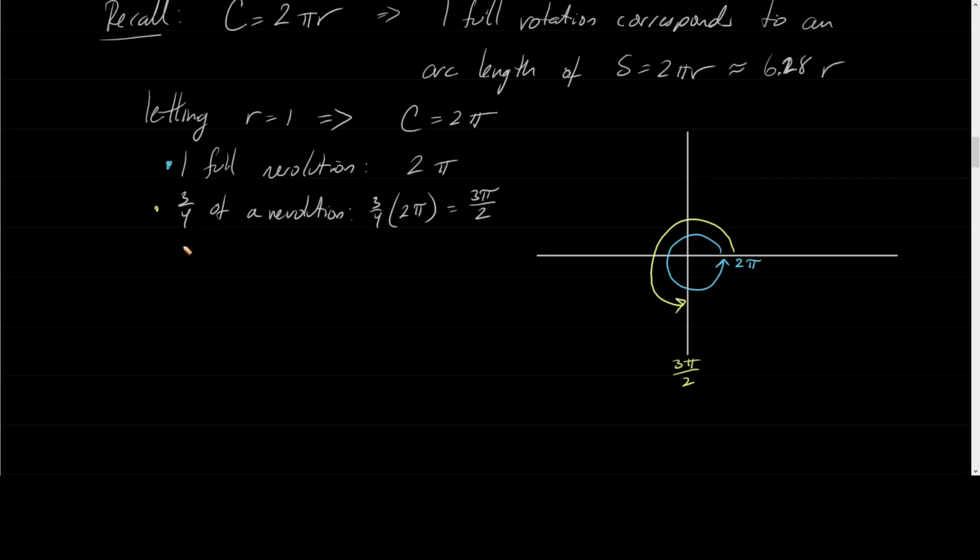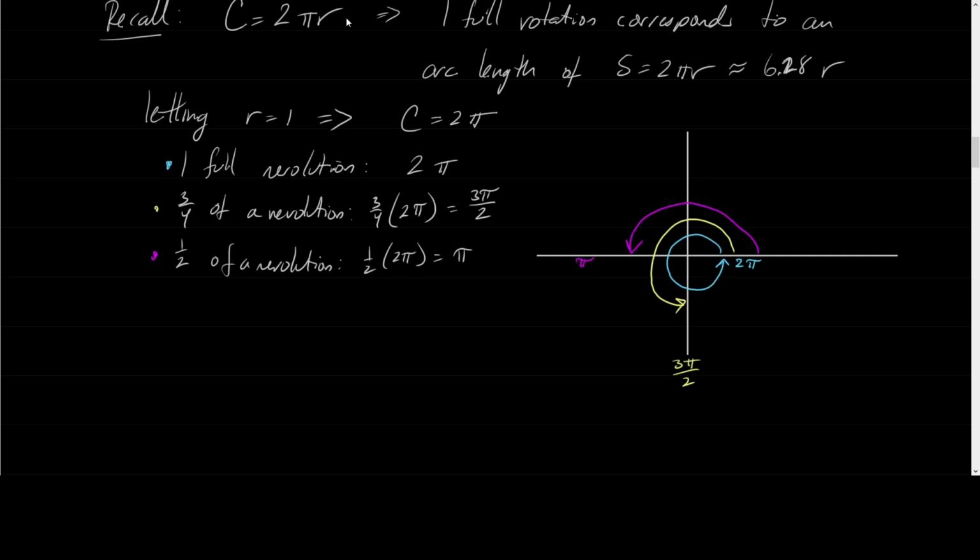If we did half of a revolution, well, that would be 1/2 of 2 pi, which simply would be pi. So here in purple, half of a revolution would be pi.